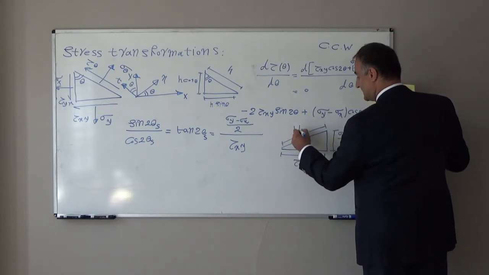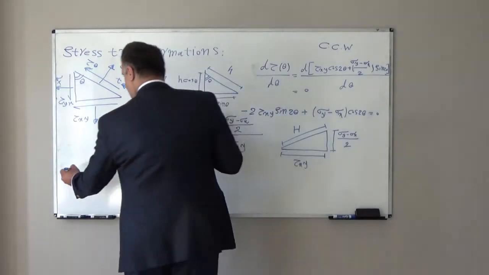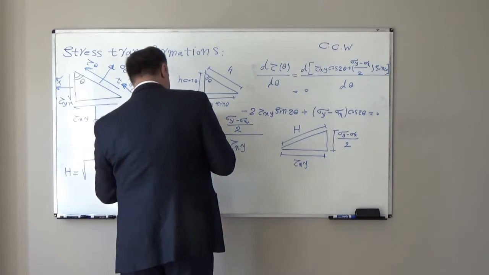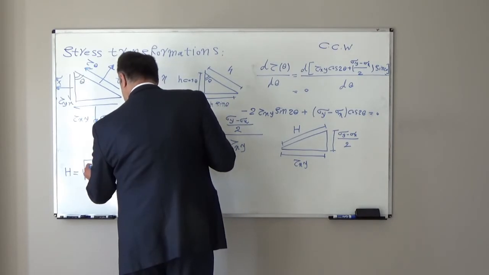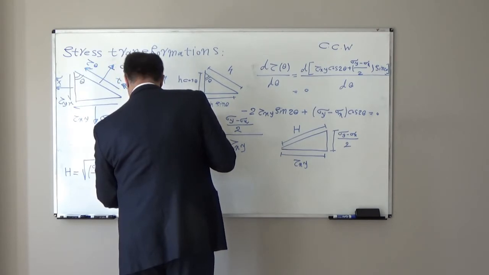This length, I assume it is capital H. From here, capital H can be found: it will be the square root of sigma y minus sigma x over 2 squared plus tau xy squared.